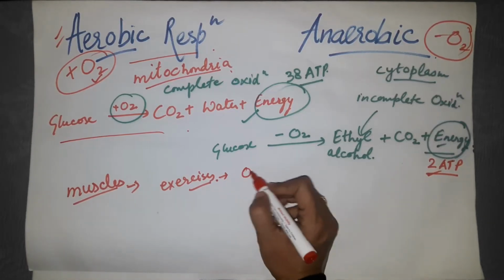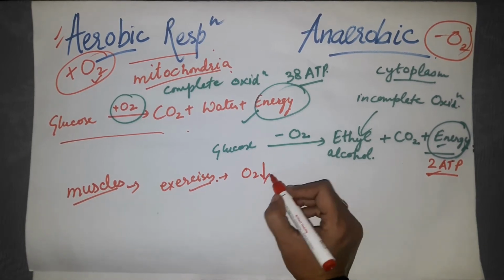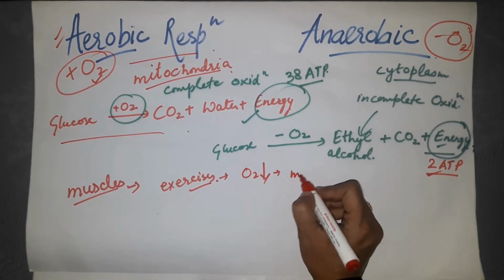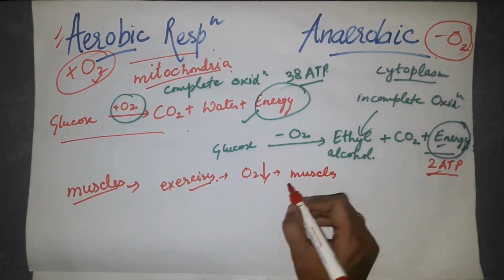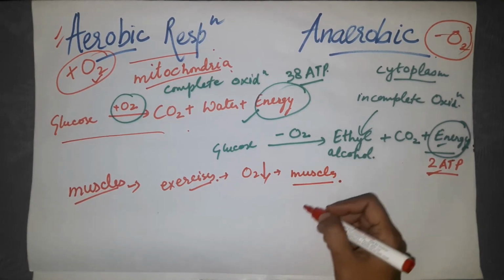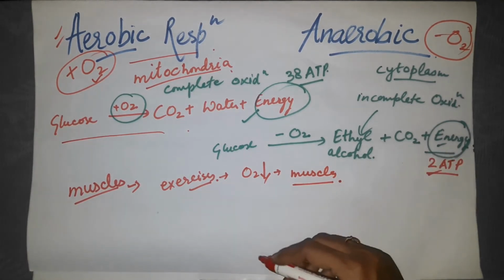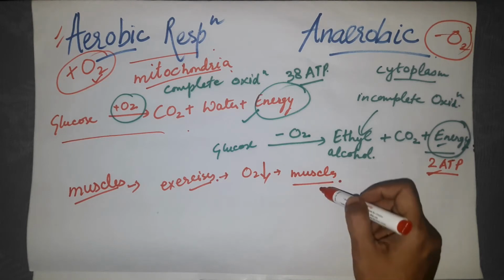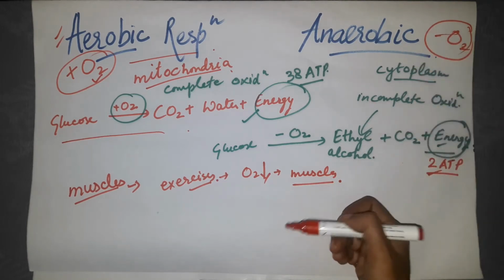The oxygen reaching the muscles will be very less. So in that case, the muscles will start doing anaerobic respiration. That means the cells present in the muscles will start doing anaerobic respiration.